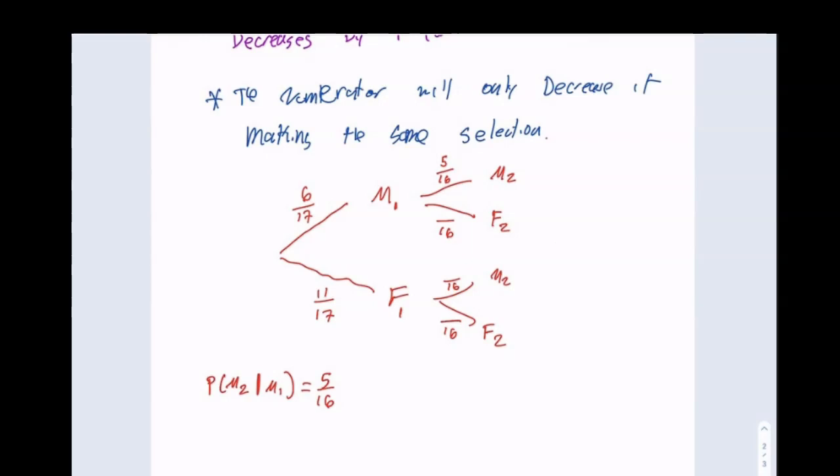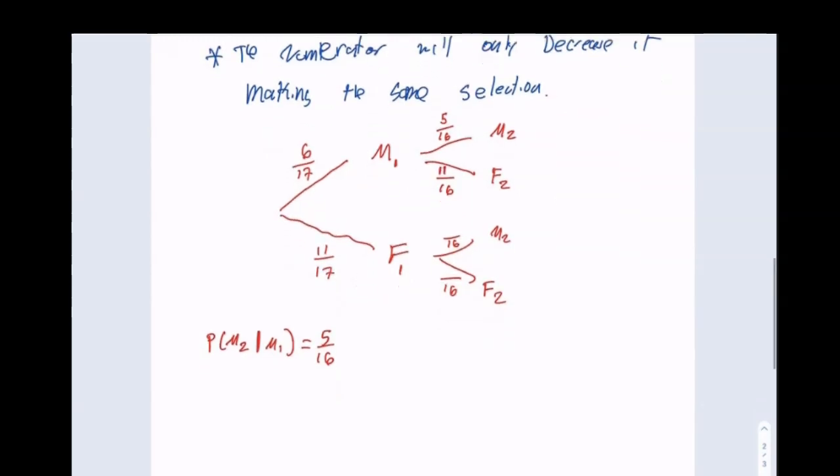How many females are there when I make my second selection, if the first selection was a male? There's still 11. There's still 11 females. I haven't selected a female, so the probability of selecting a female on my second choice given a male was 11 out of 16.